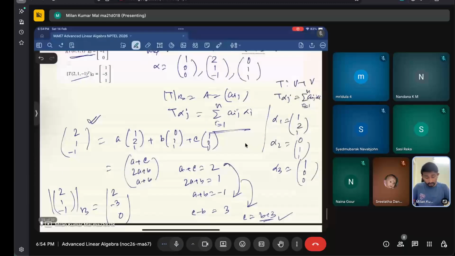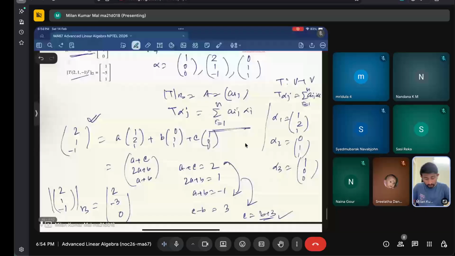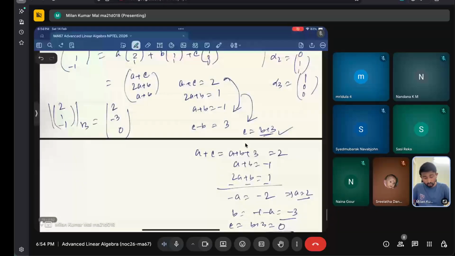What is the matrix of T? The matrix is 2 1 0, minus 1 1 3, 0 0 2. This is the matrix with respect to the basis, applied to 2, minus 3, 0.